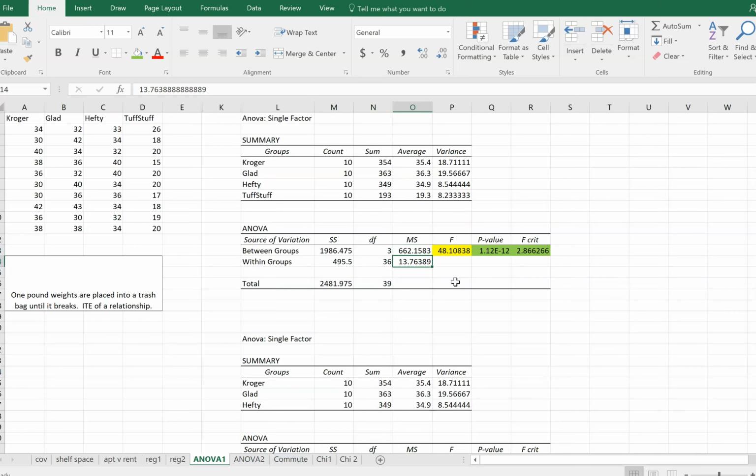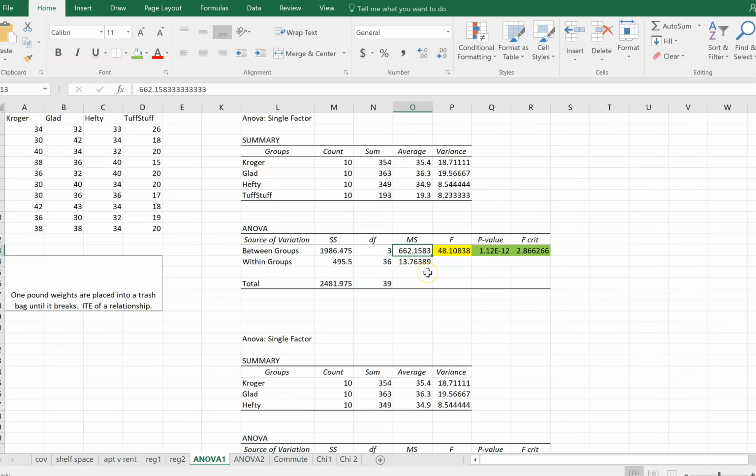If the ratio of the variances is too big, then the F statistic would be too big. If there is really no difference between the groups, this ratio would be close to 1.